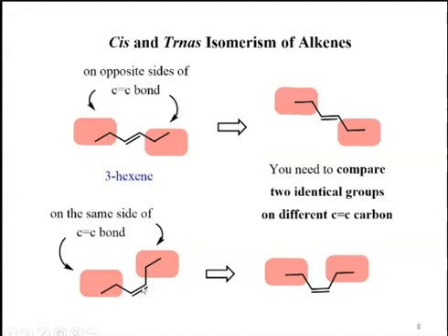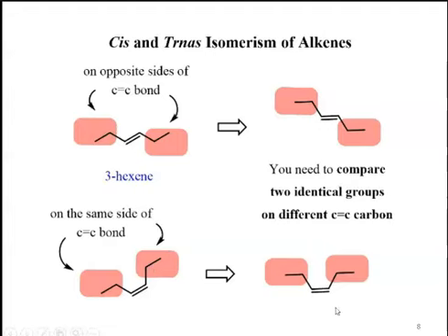Now, let us look at the second structure. Here, this is the carbon-carbon double bond, and these are the two functional groups attached to the doubly bonded carbon atoms. Here we can see both the ethyl groups are attached to the same side of the double bond.